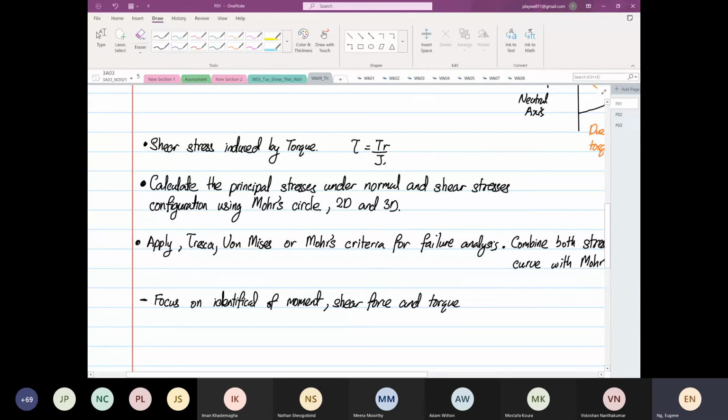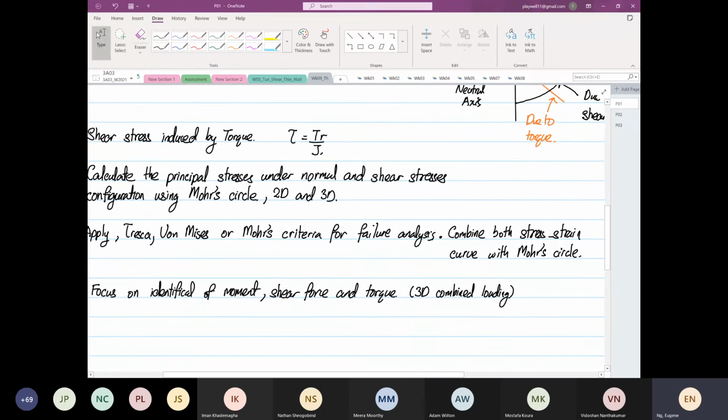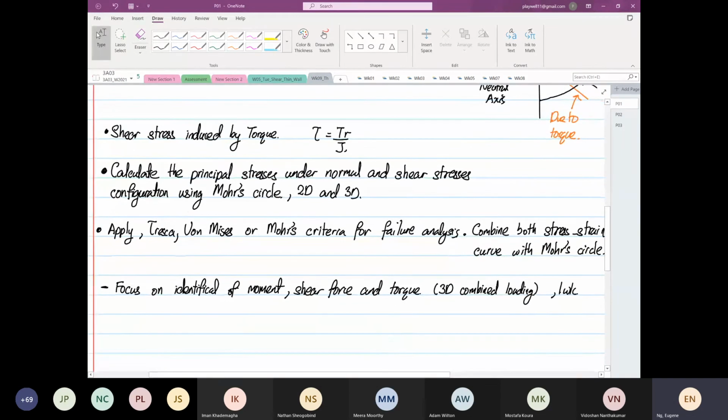So it's all going to be 3D combined loading. And you have to ask me how long this will take. This will take about 1 week to finish. I'm just giving you the schedule of what we're going to do.